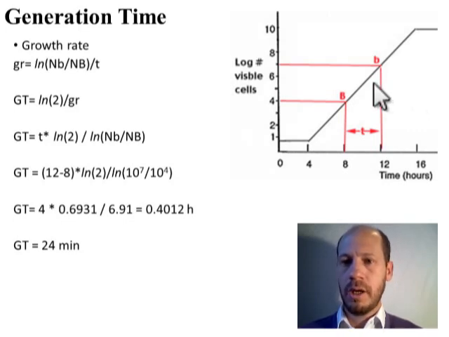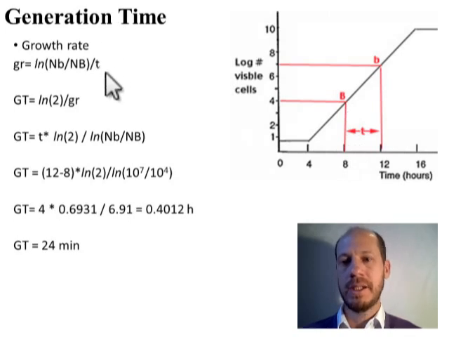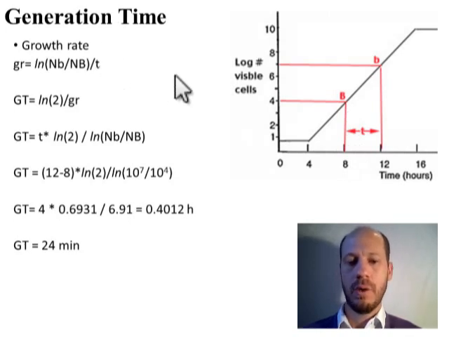The growth rate is the logarithm of the number of cells at point B, at 12 hours, divided by the number of cells at point A, at 8 hours, divided by the time difference. That's the growth rate: how many cells per hour this microbe is producing.